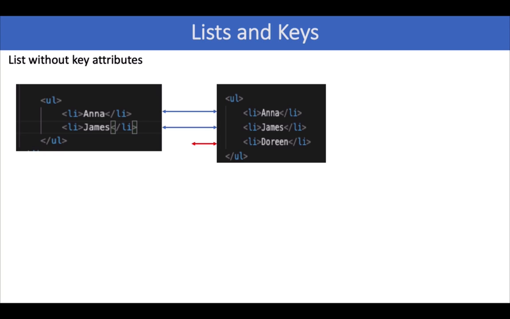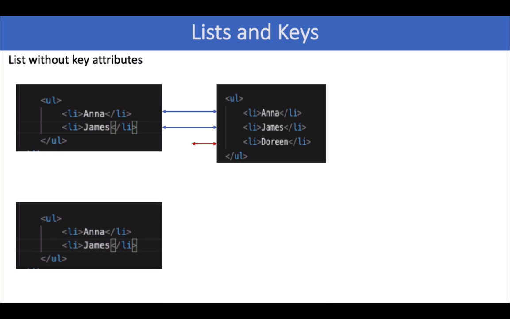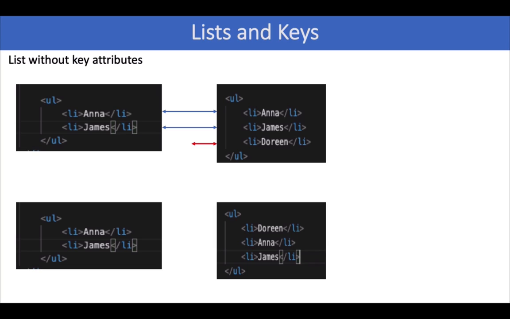Let's say we need to insert a new list item, and this time we will insert it at the beginning of the list. So we have Doreen as the first one. What happens in this situation is that when React iterates over both lists and makes the comparison, it finds that every item is different.